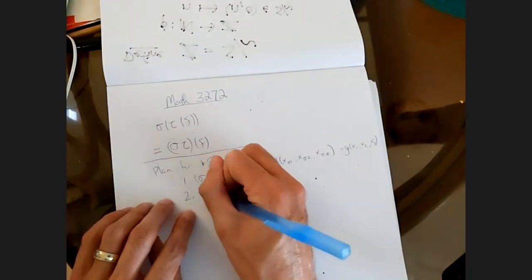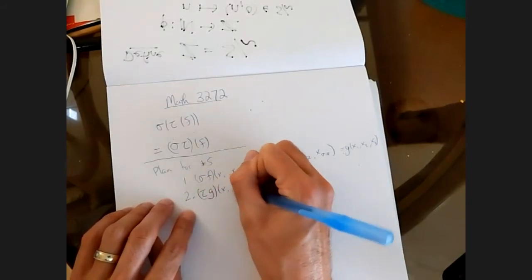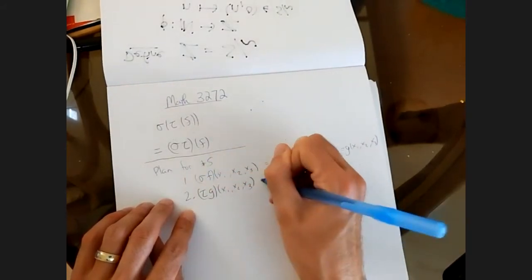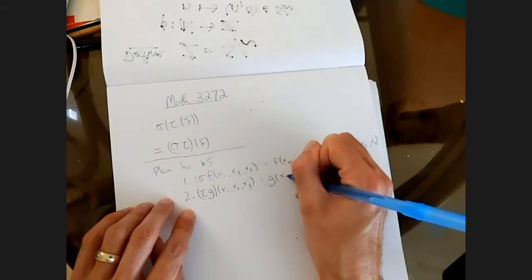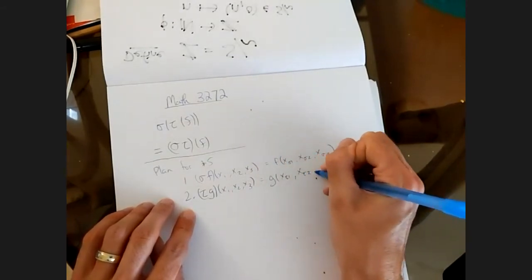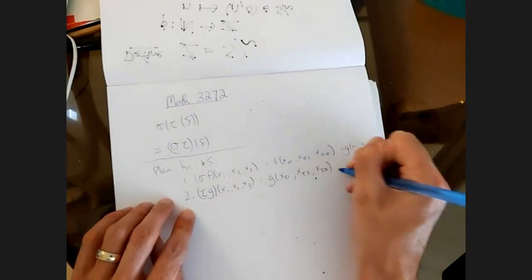Then write tau g of x. That's just g of x tau 1, x tau 2, x tau 3.